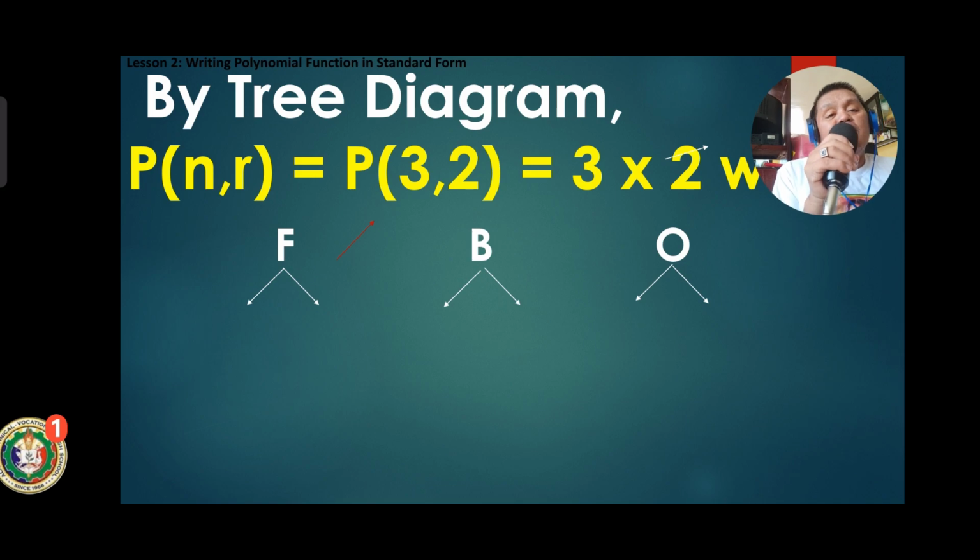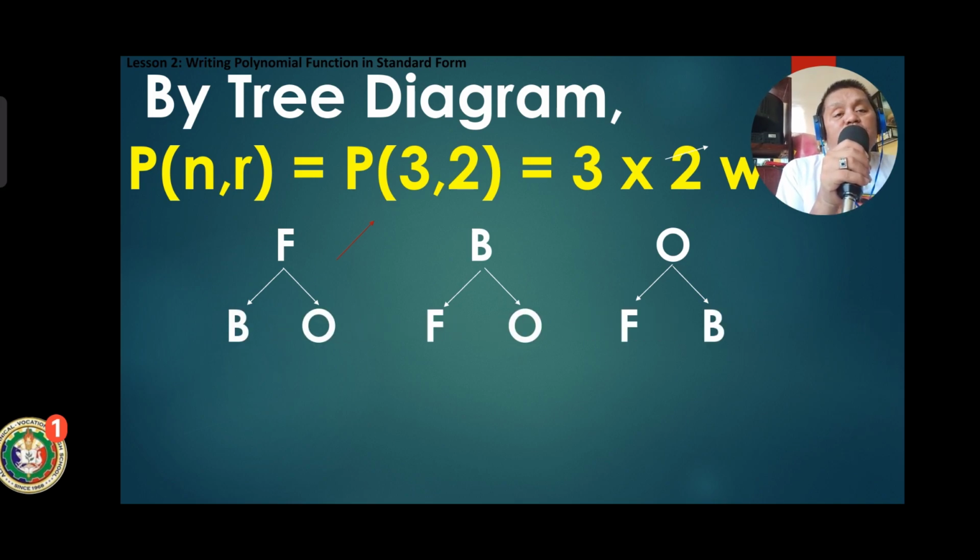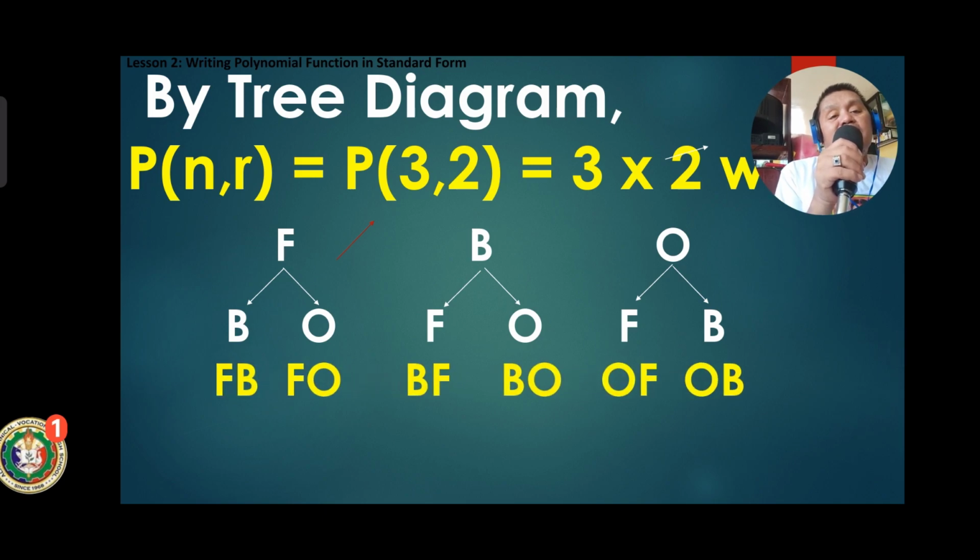Using the 3 letters F, B, O, we are going to pair this with FB, FO, BF, BO, OF, and OB. So we have the 6 pairs because there are 6 ways in getting the pairs of 3 letters taken 2 at a time.